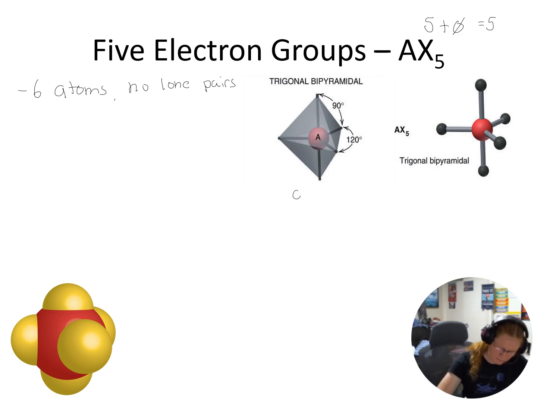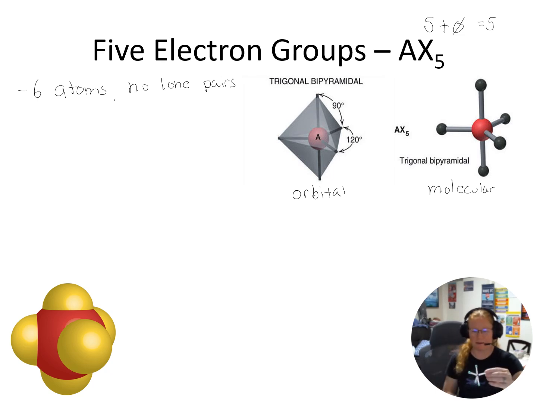So this is orbital, and this is molecular. And again, it's trigonal bipyramidal because I have 1, 2, 3 things around the equatorial region. It's like a 3-pronged pyramid that points up and a 3-pronged pyramid that points down. So trigonal for 3, bi for 2, and pyramidal because it's like 2 3-pronged pyramids stacked on top of each other. Okay, so now we need to think about our bond angles.